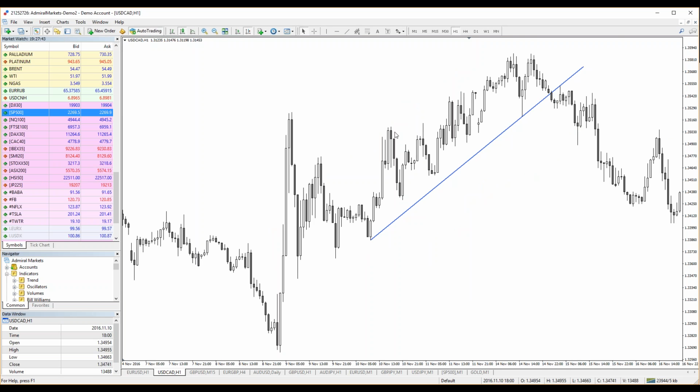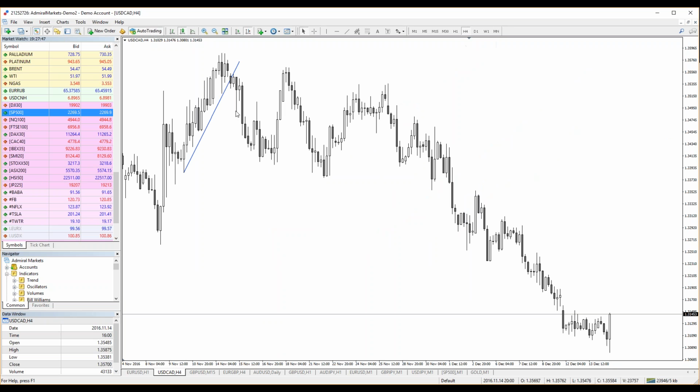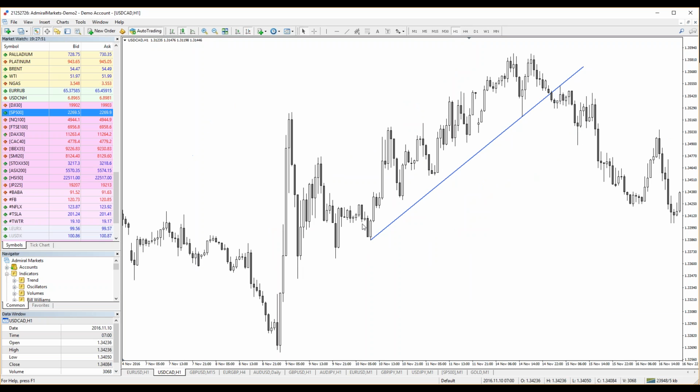How do you do it? Well, you go on the 4-hour time frame, and let's say that the 4-hour time frame is going down, then you zoom into the 1-hour time frame. You need to see that the price action is going up, because that is a retracement, guys, and then place a trend line break, and you're good to go.